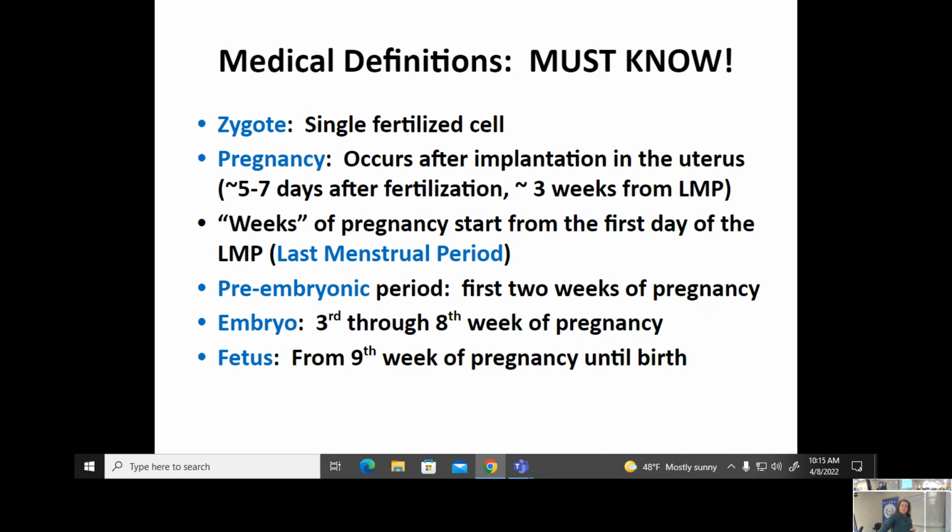One of those events would be the formation of the zygote. Remember, the zygote is when sperm fertilizes egg, and it's the first new cell of the new individual. That happens pretty early on. Is that before or after ovulation?